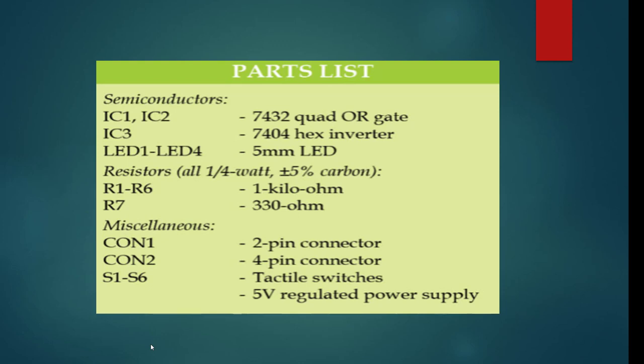IC1 and IC2 of 7432 OR gate and IC3 of 7404 inverter NOT gate. 4 LEDs of 5 mm. 6 resistors of 1 kilo ohm and 1 resistor of 330 ohm. 1 connector of 2 pin and a second connector of 4 pin. 6 tactile switches, and a 5 volt regulated power supply. We can also use a 9 volt battery.